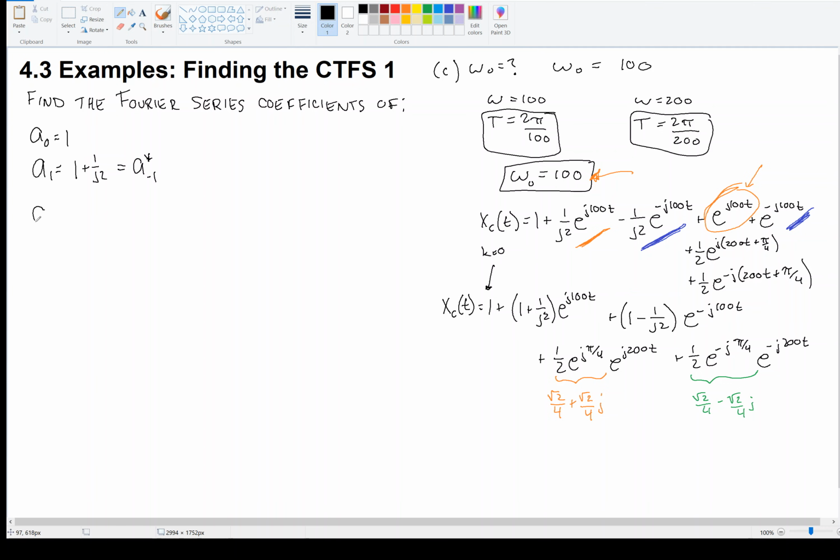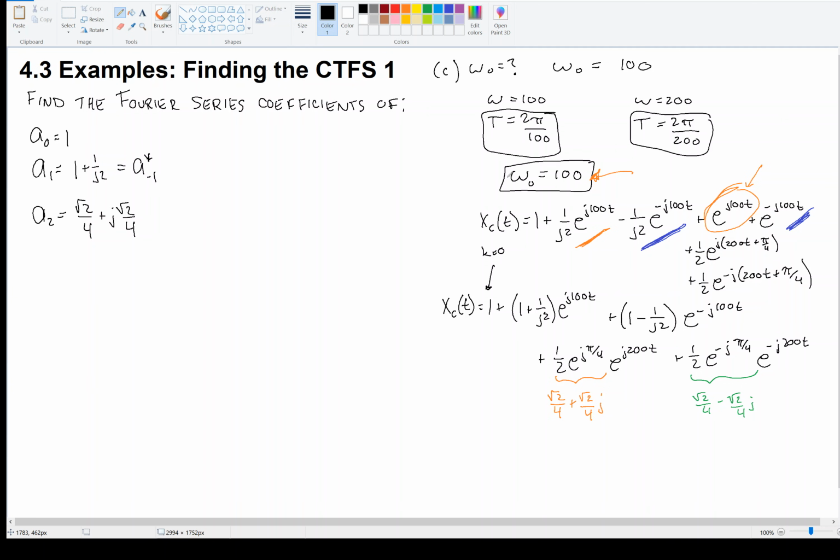Then I look at A2, right? Because this is a 200 in the power here, and that's 100 times 2, so this is the k equals 2 term. So the coefficient out in front is this one in orange: square root of 2 over 4 plus j square root of 2 over 4. And then I look over at this term, and here's the minus second harmonic, because this is minus 2 times 100.